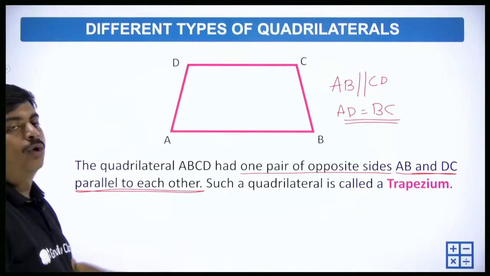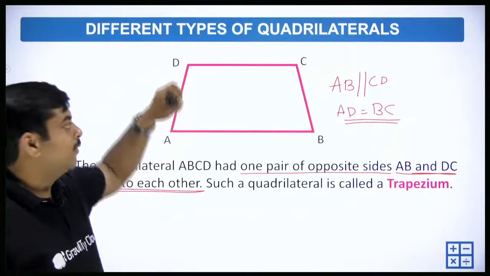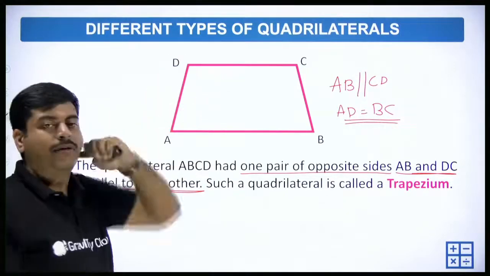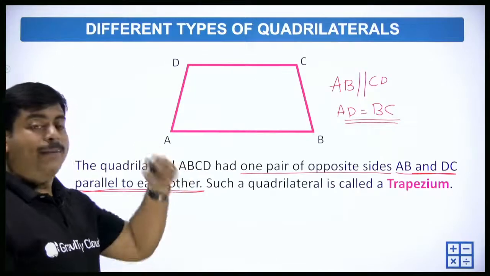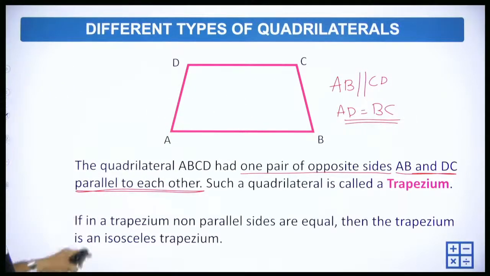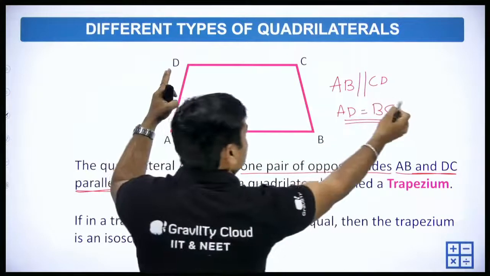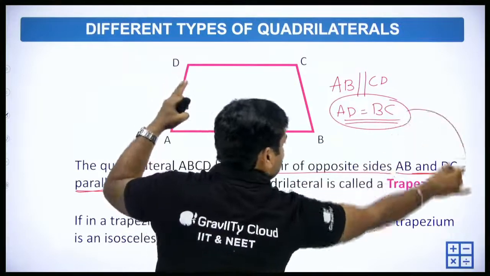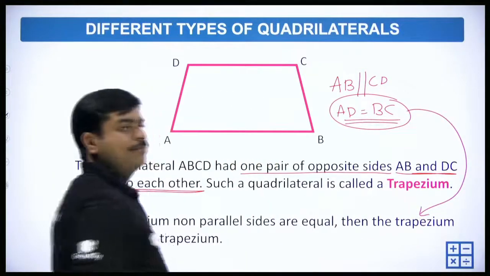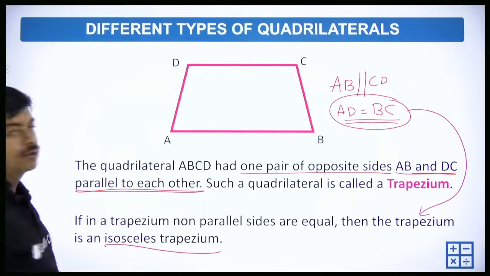Such a quadrilateral is called a trapezium. If these 2 sides are parallel, it is enough to say that it is a trapezium. But what happens if the other sides are also equal? If in a trapezium the non-parallel sides are equal, if AD is equal to BC, then still it is a trapezium, but it is an isosceles trapezium.